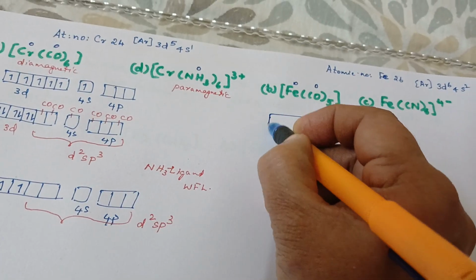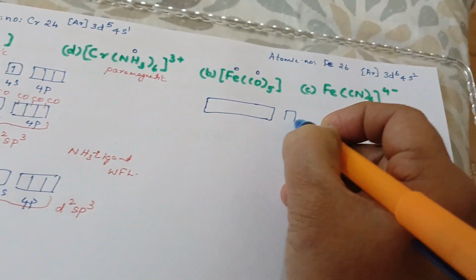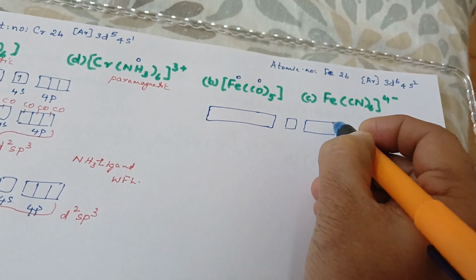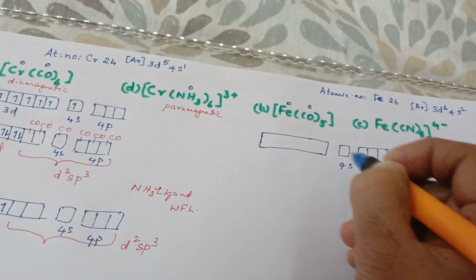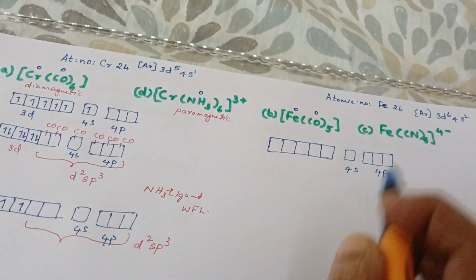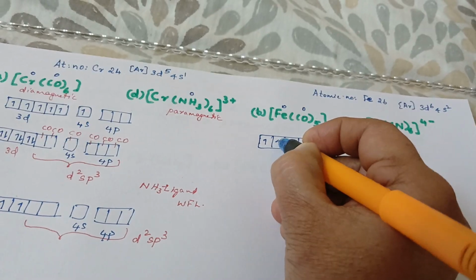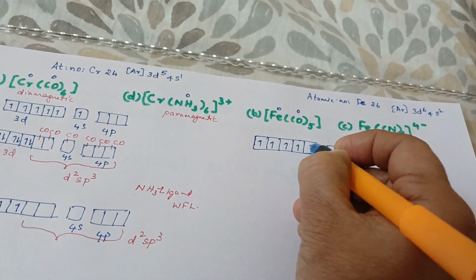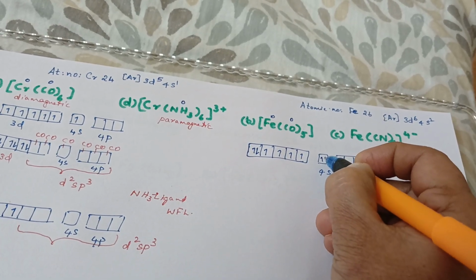We can represent it like this. Six electrons in the d orbital, 1, 2, 3, 4, 5 and 6, and 2 electrons in the 4s.